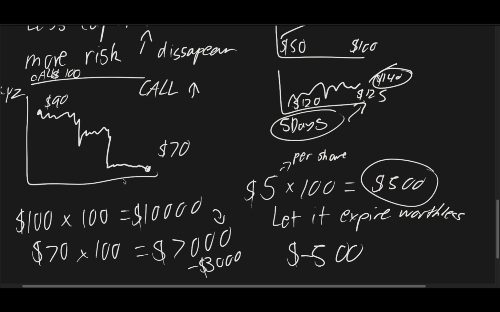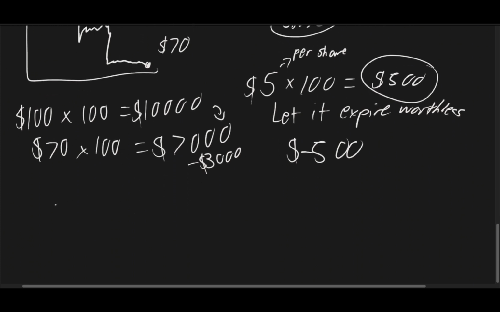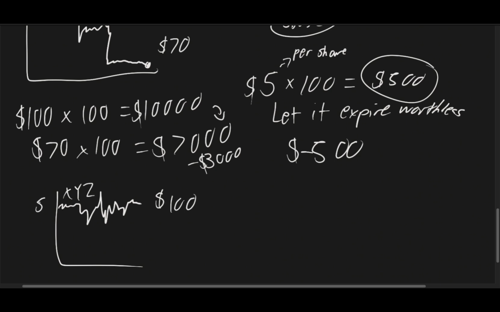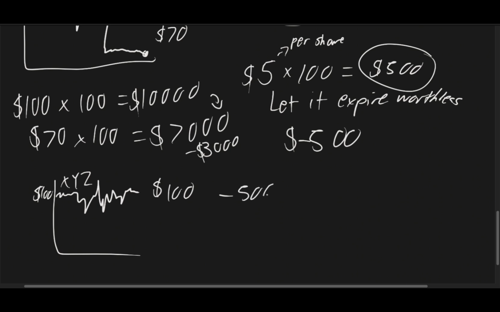Well, you also lose the premium, because if XYZ just does nothing and closes at $100, you basically lose the premium, because what's the benefit of buying an option to buy the stock at $100 when you could just buy it on the market at $100?